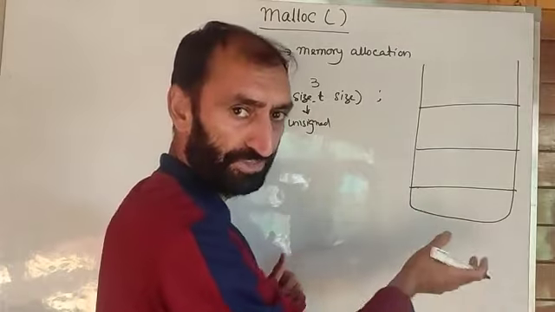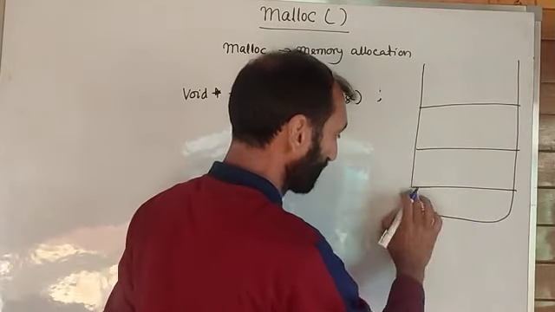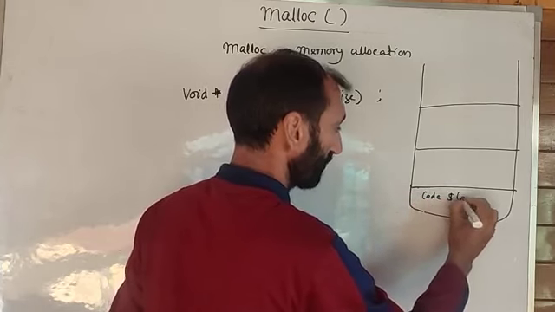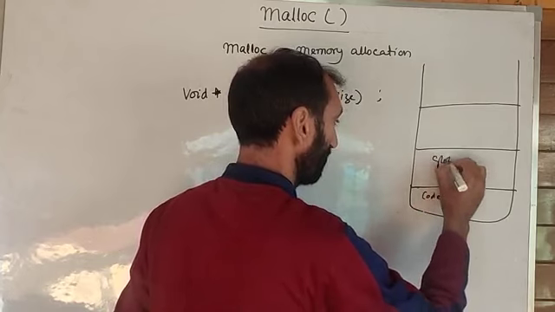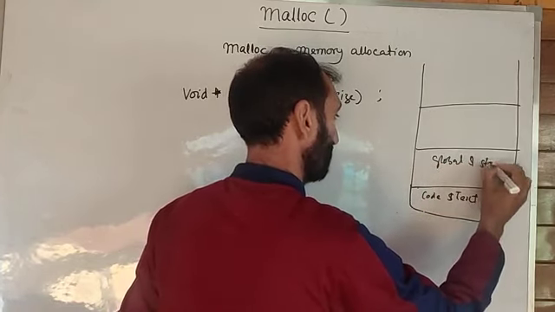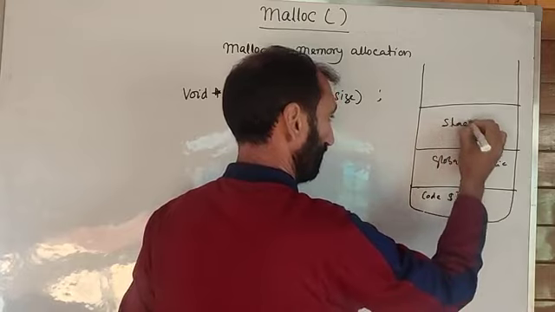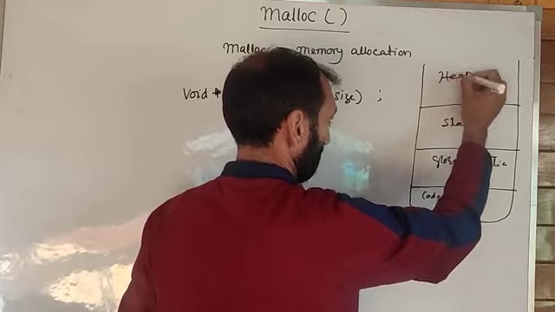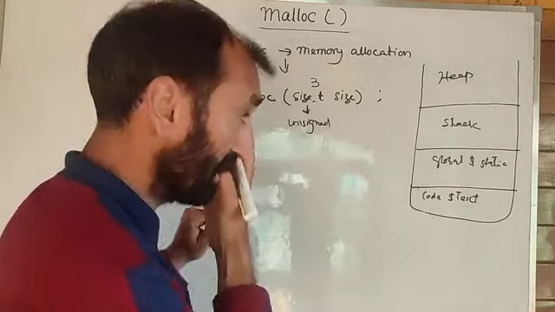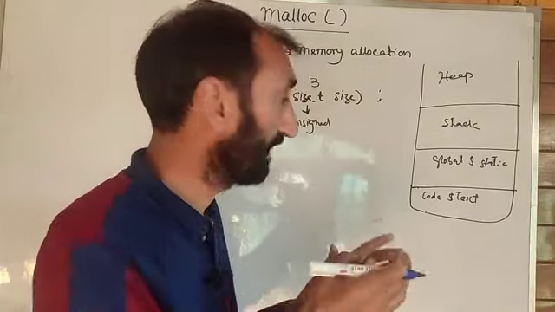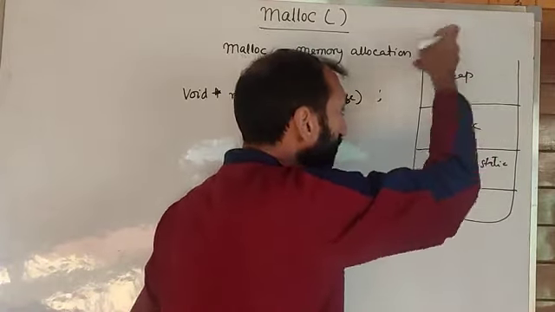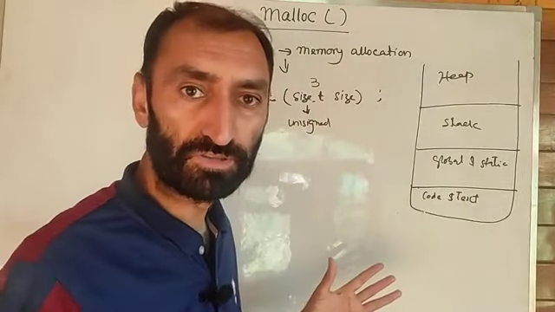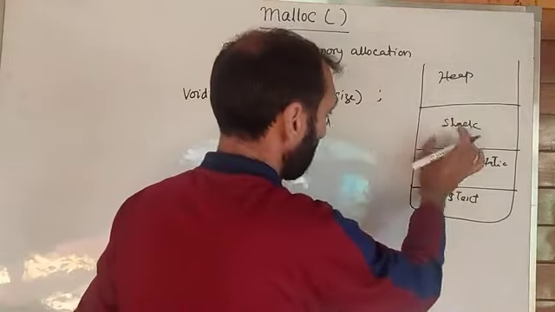In the memory layout which I have discussed in the previous video, some memory is reserved for code and text, some is used for global and static variables, and the stack, and this is for the heap.